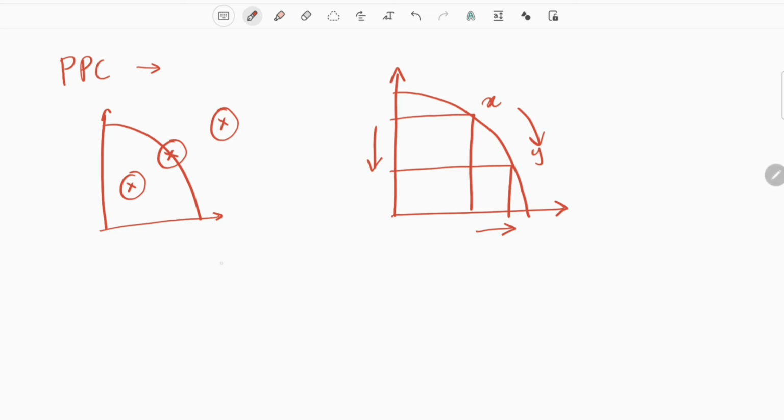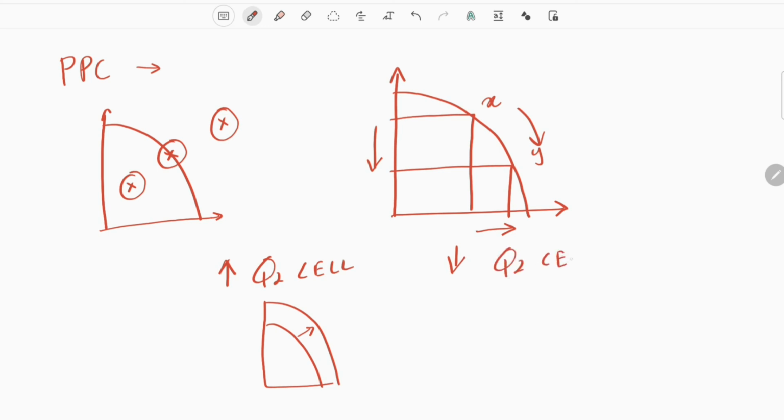And other than that, if there is an increase in Q2 cell, that means an increase in quantity or quality of the factors of production, that will shift the curve to the right, right? While if there is a decrease in Q2 cell, that will shift the production possibility curve to the left.